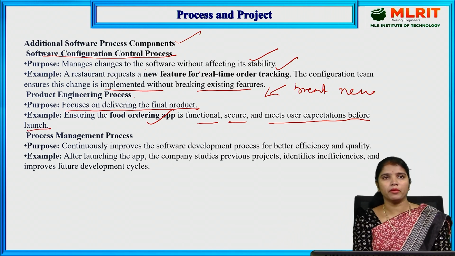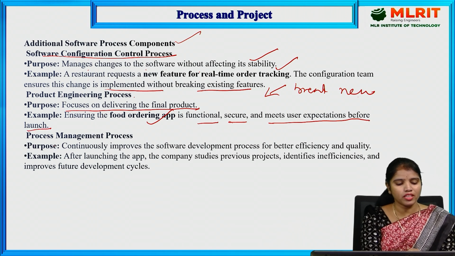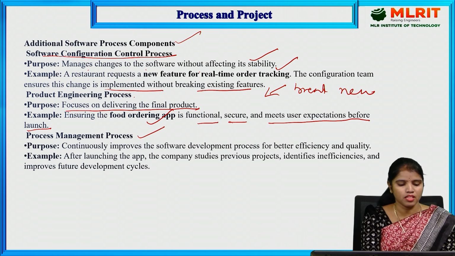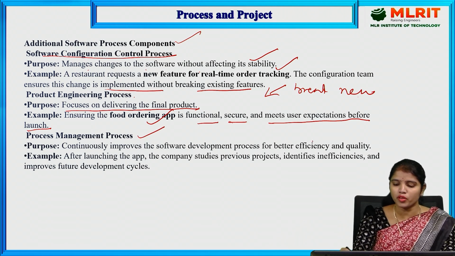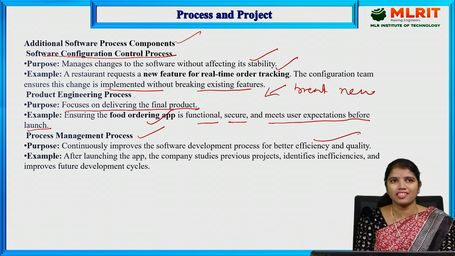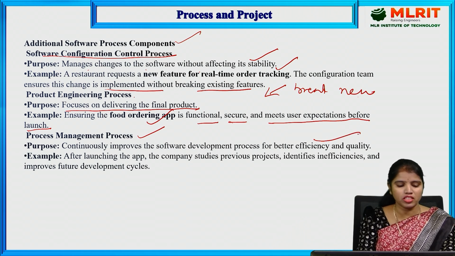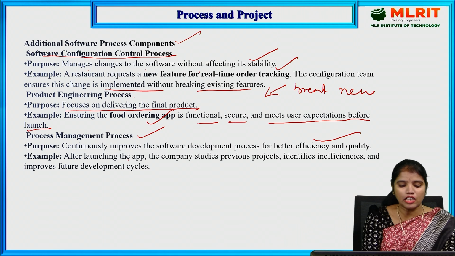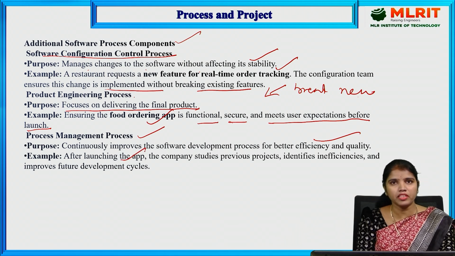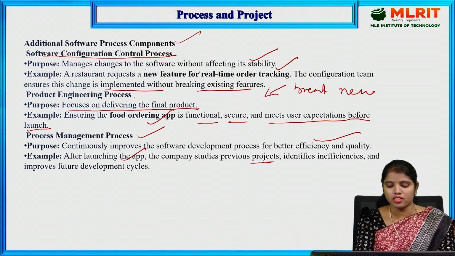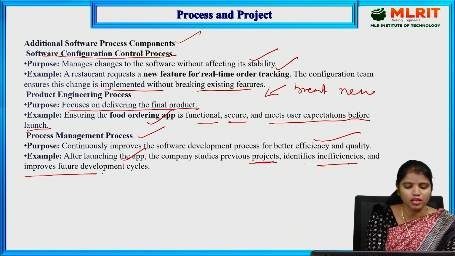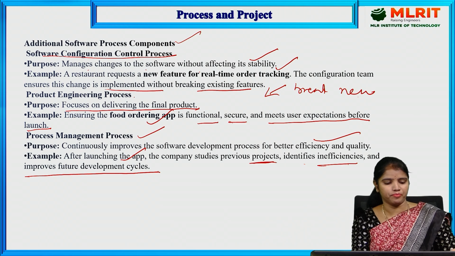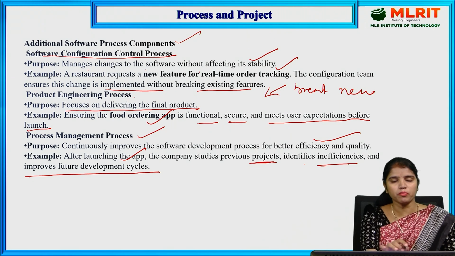And now we are going to discuss what the process management process is. Its purpose is to continuously improve the software development process for better efficiency as well as quality. For this, the best example is: after launching the app, the company studies previous projects, identifies inefficiencies and improves future development cycles. These are the additional software process components.